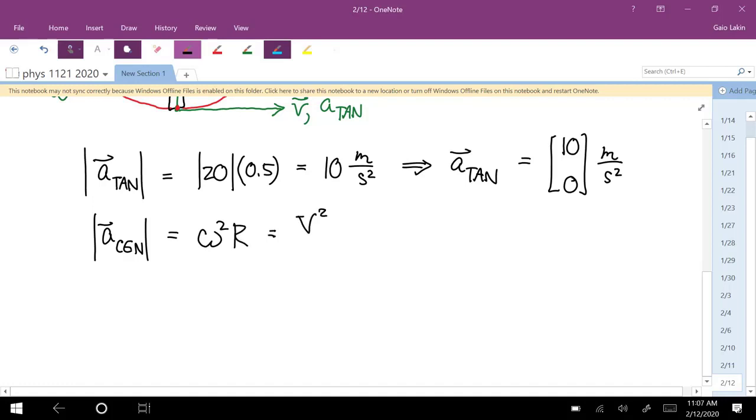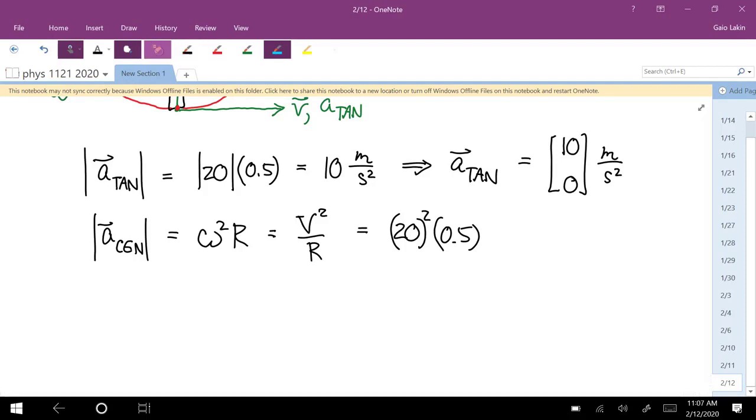Either one of these two. Oh, I used the wrong one.